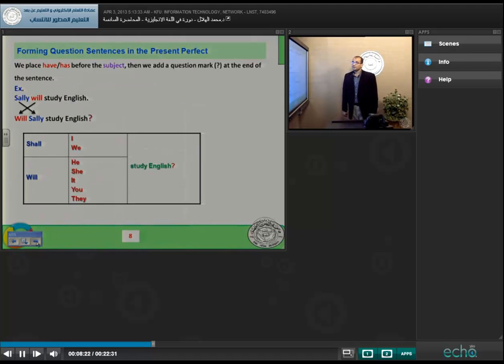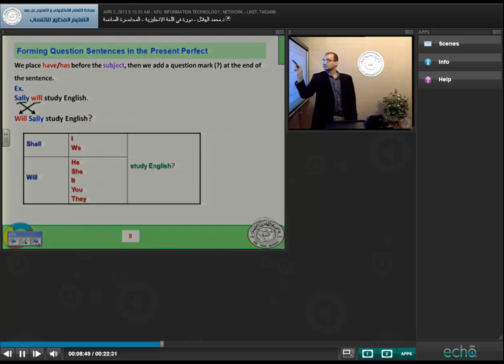How about forming question sentences? As usual, when we form the question sentence in most of the tenses, there is a case of inversion. We invert the subject and the verb. So in a sentence like Sally will study English, to change this sentence into a question, we reverse the places of the subject and the modal auxiliary will.